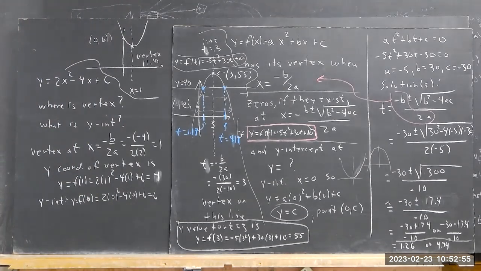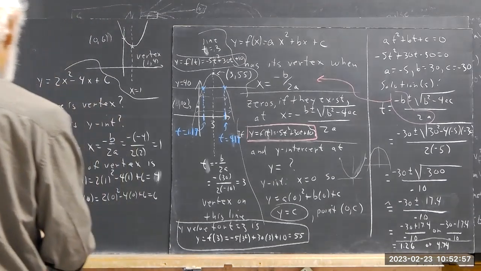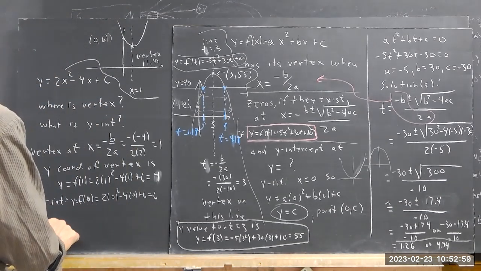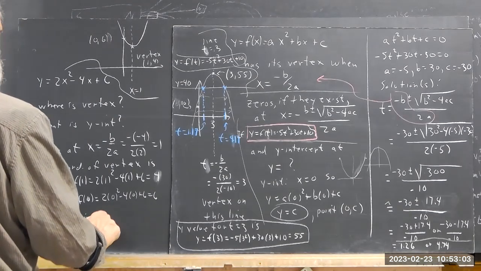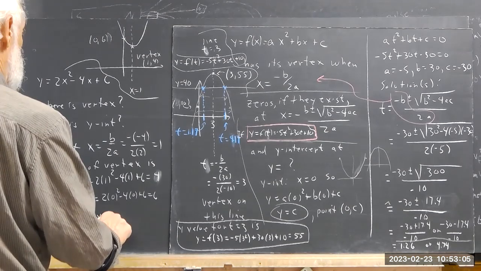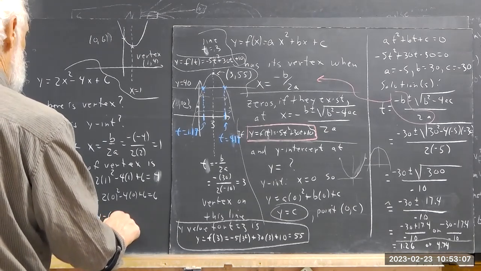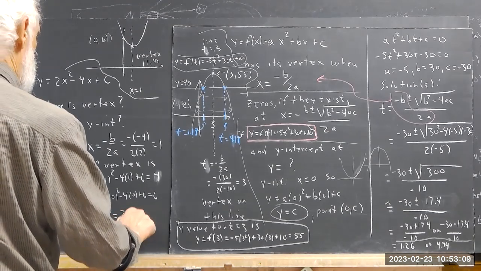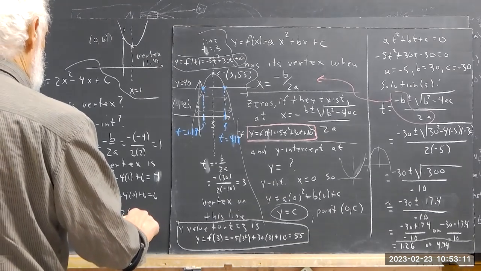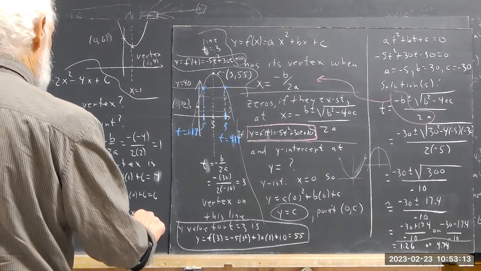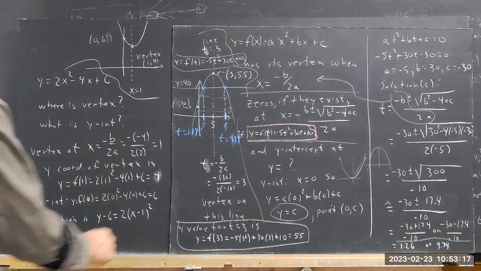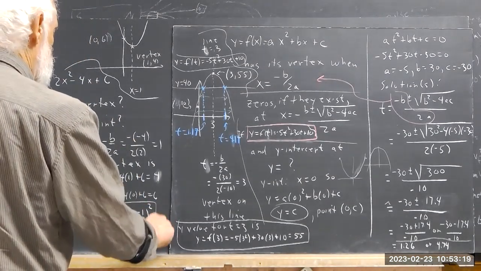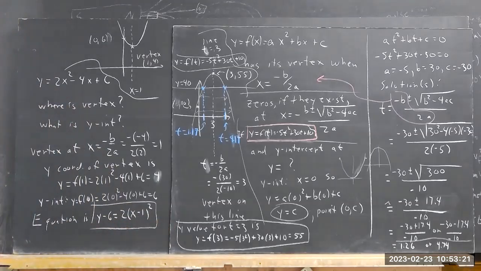Another thing, the equation of the parabola: y minus 6 equals 2 minus 2 times x minus 1 squared.